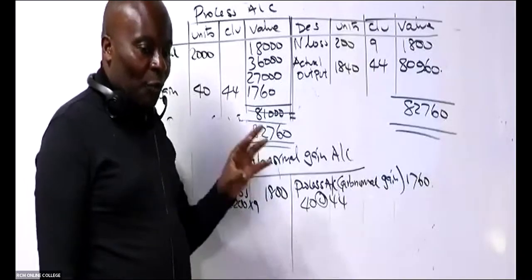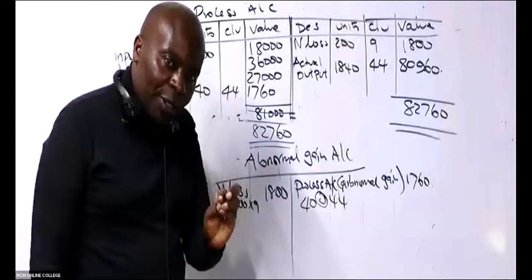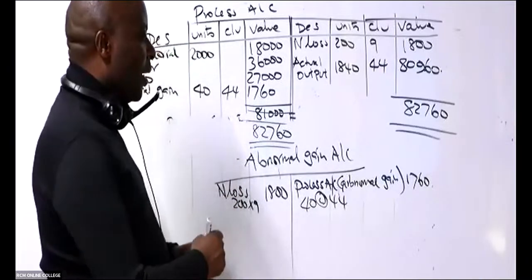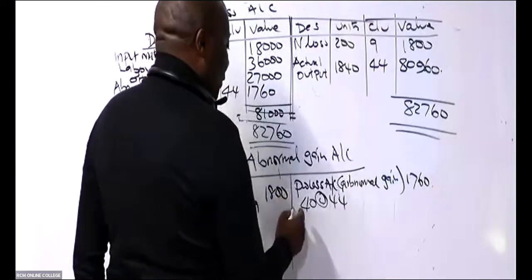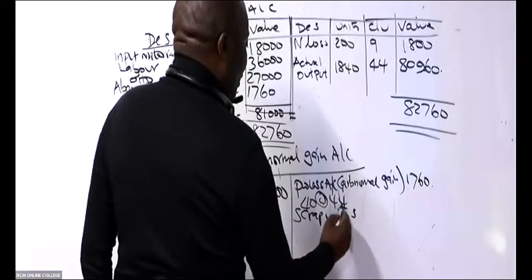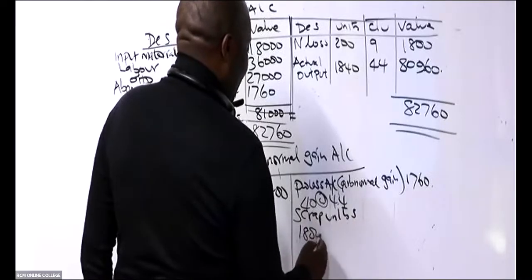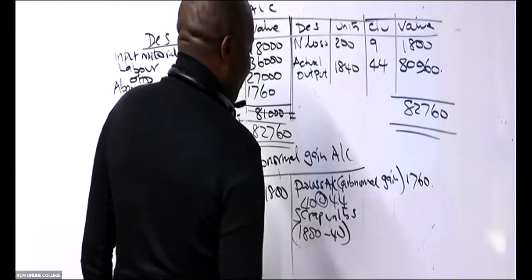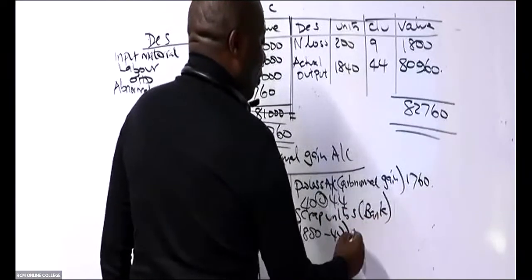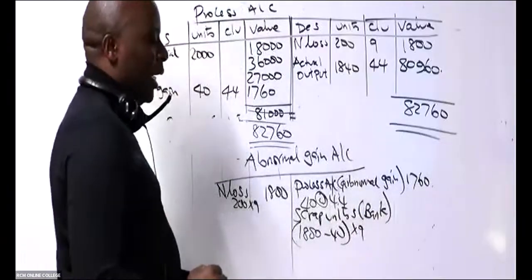Out of the expected loss, there is an abnormal gain of 40. So basically, in this case here, the scrap units will be reduced by that 40. So this one here, we shall sell them at 9 bob and receive the money in our bank account.